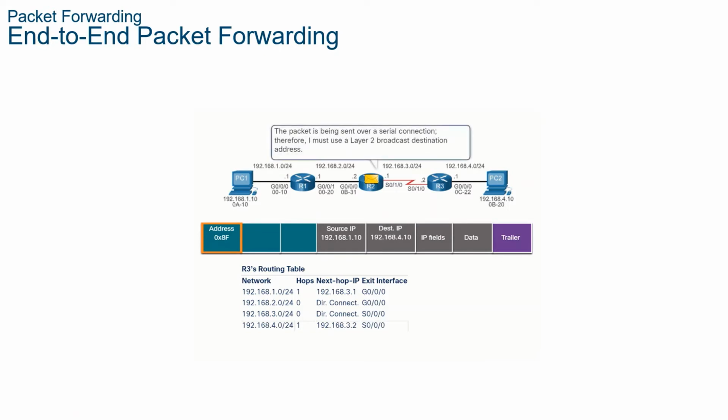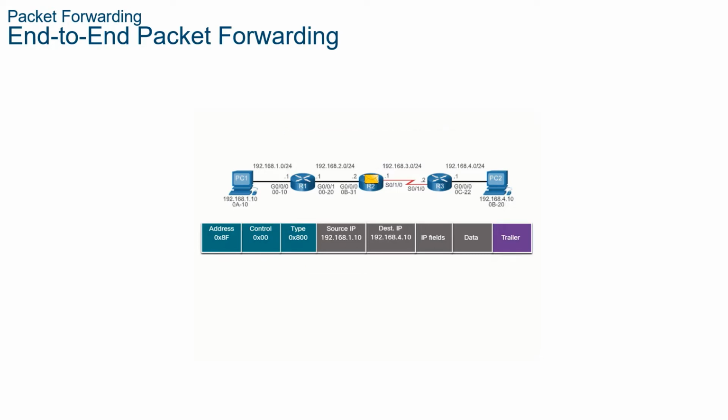It might be HDLC, PPP, or any other protocol. Because there is no MAC address on serial interfaces, R2 sets the data link destination address to the equivalent of a broadcast. So that is from R2 to R3.